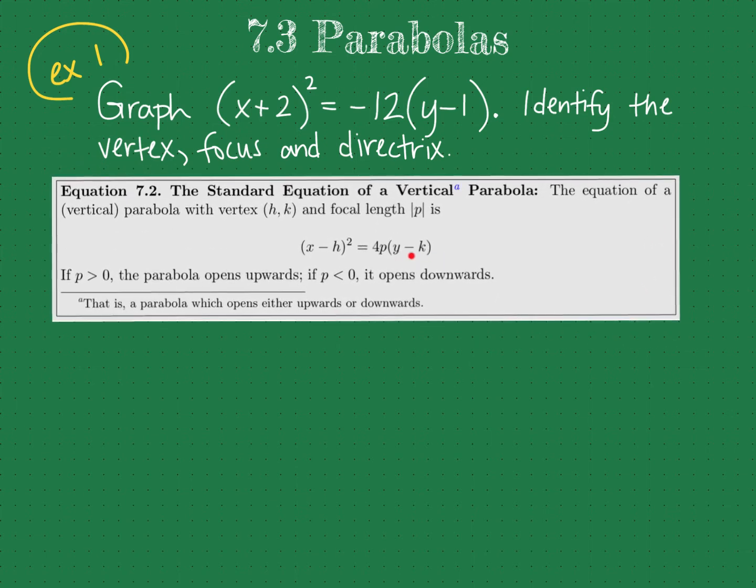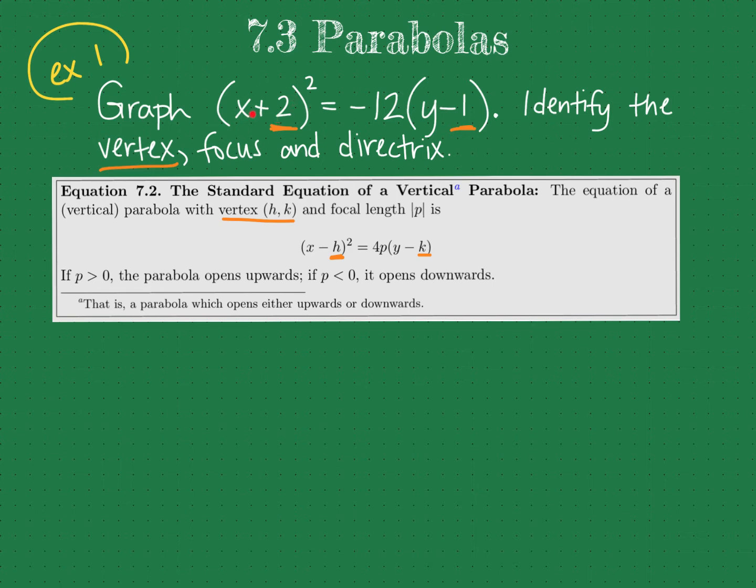So the first thing that we want to do is identify our vertex, focus, and directrix. Let's first look at the vertex. The vertex is (h, k). So in this case, in all cases, h is with the x value and k is with the y value. Because the subtraction signs are built into the formula, we take the opposite here.